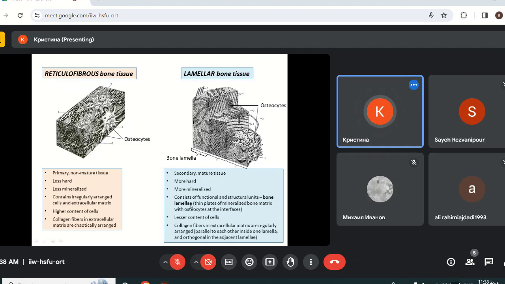A lamella is a plate of the extracellular matrix, which consists of collagen fibers embedded into the hard inorganic material, and the collagen fibers in one lamella all go parallel to each other, but in adjacent lamellae the angle between the collagen fibers is about 90 degrees. The osteocytes are located between the adjacent lamellae, not inside the lamella but between them.